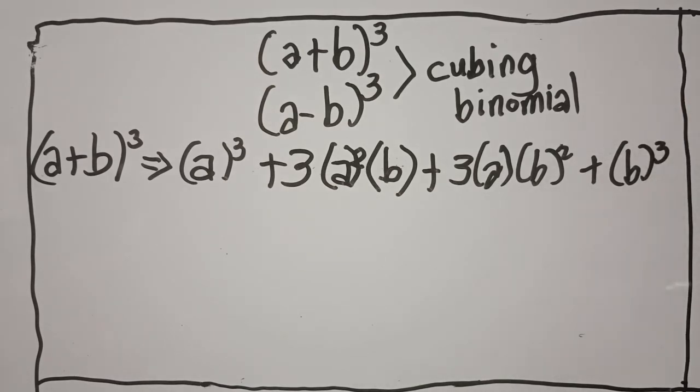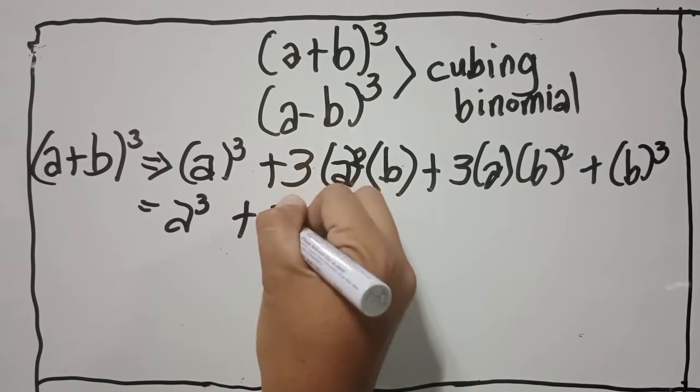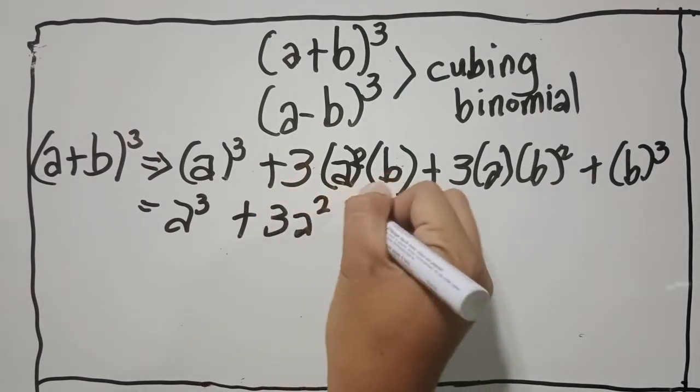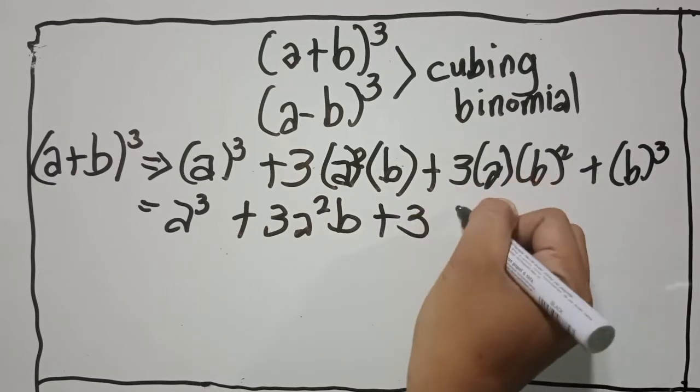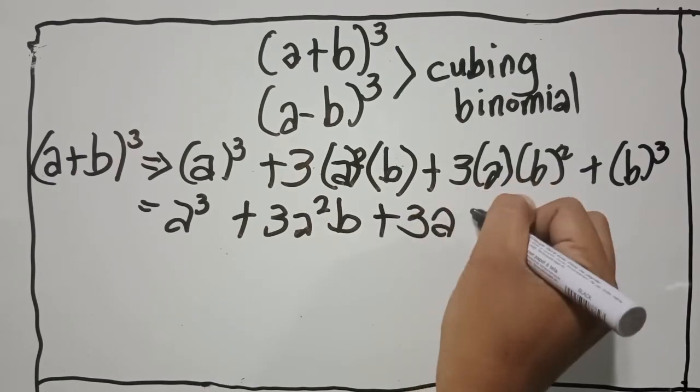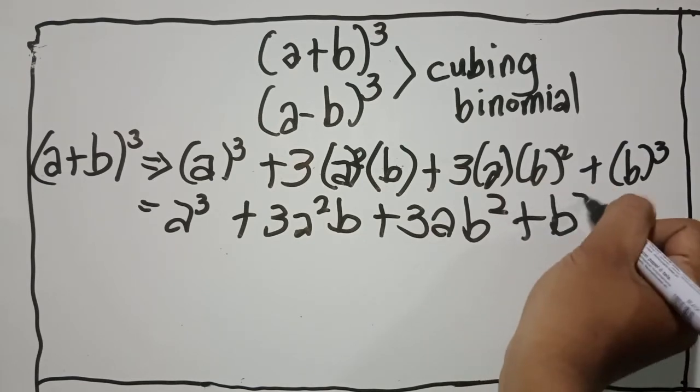So let's simplify. This will result to a cubed plus 3a squared b plus 3 times a times b squared, that's 3ab squared, plus b cubed.